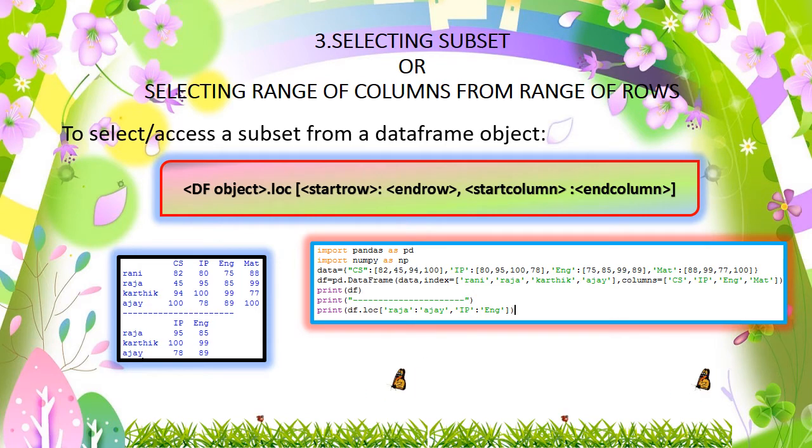It contains 4 rows and 4 columns, and df dot LOC Raja colon Ajay. So Raja row to Ajay row will be accessed, and in these rows, two columns, IP to English columns, are also accessed.